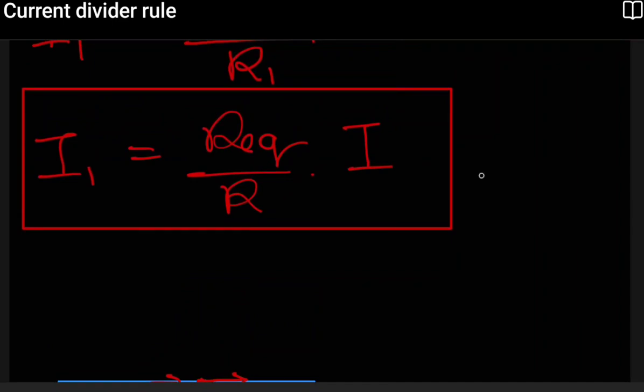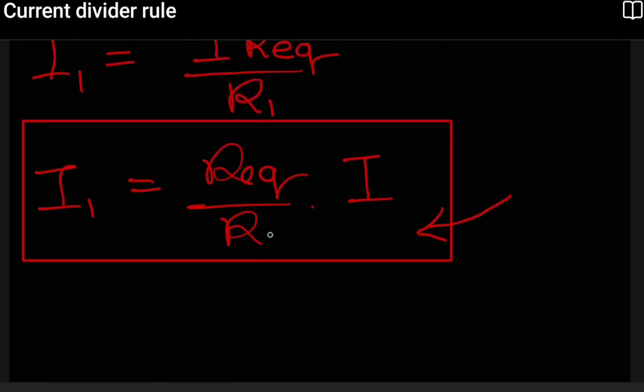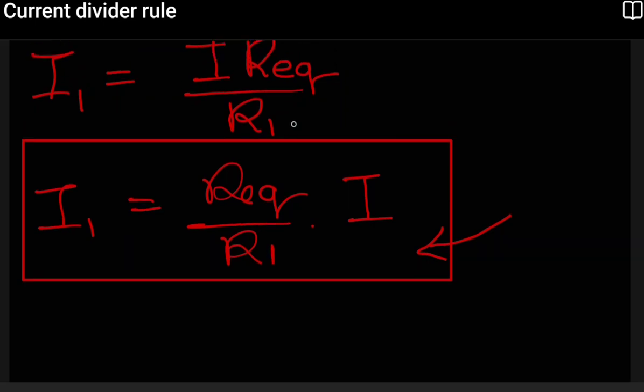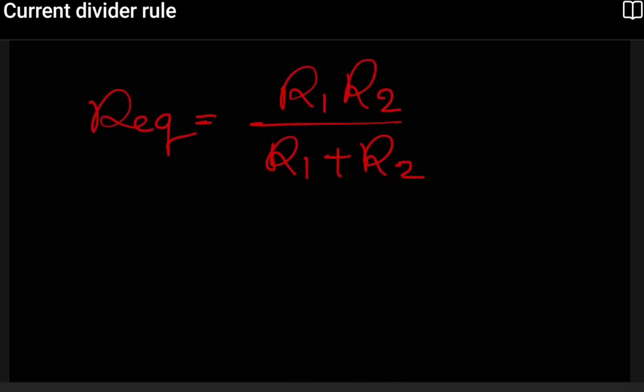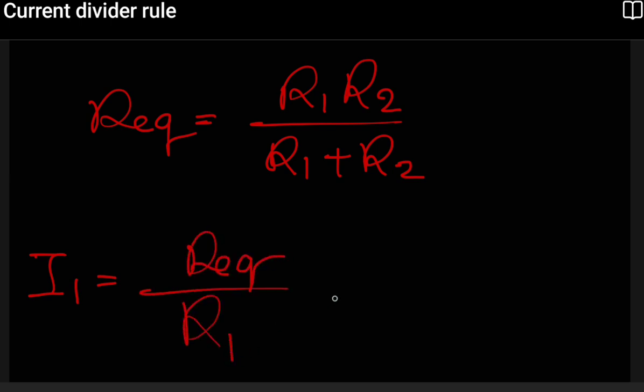We saw earlier that the current passing through R1 will be given by this expression. So where there is R equivalent, we can put the expression for the equivalent resistance. So we have I1 being equal to the equivalent resistance divided by R1 multiplying the current coming from the source.